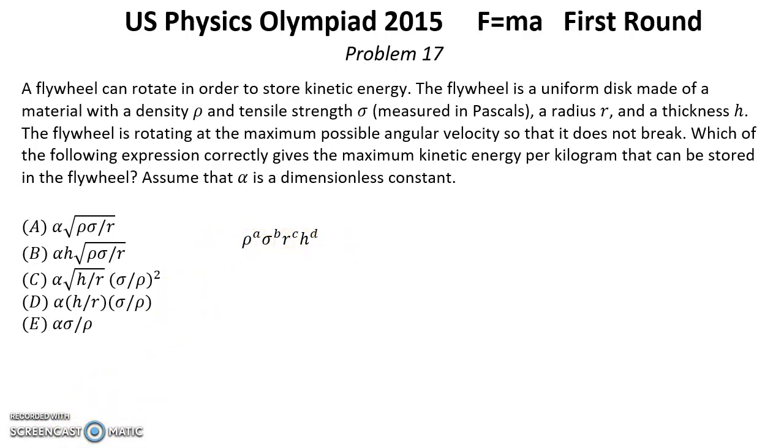Dimension for ρ is mass over L cubed. Dimension for tensile strength, that's pressure, is mass per length per time square. And for R and H the dimension is L. And the result must be L square over T square.